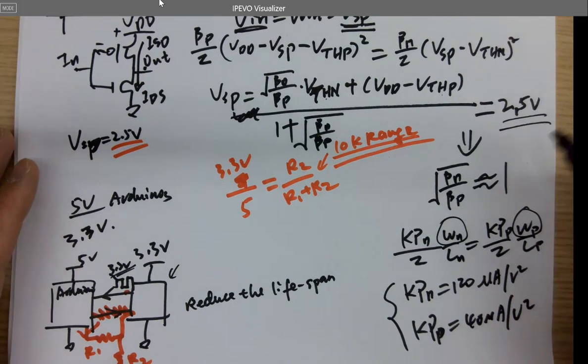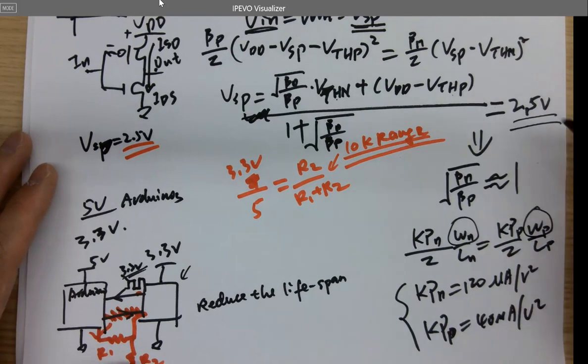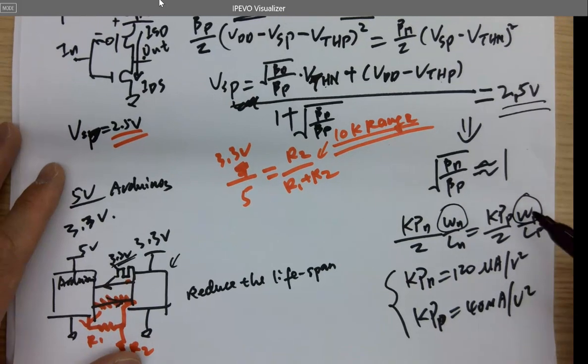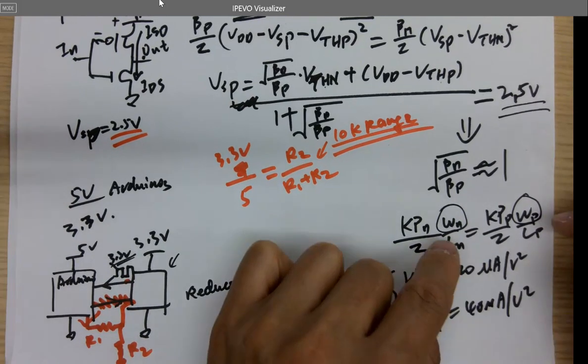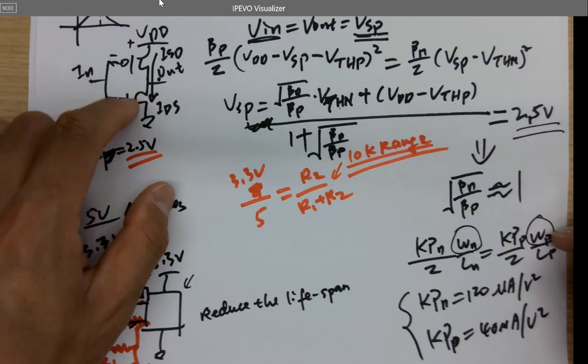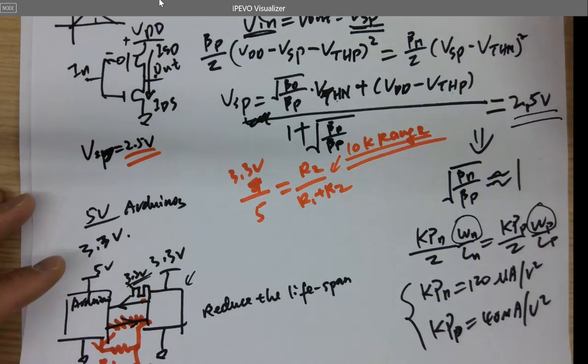We're going to go through more details on Wednesday for this one, and we'll continue from here on Wednesday. But you can see that you can design the transistor size in order to make it switch at 2.5 volts. I'm going to run a simulation on Wednesday for you guys, okay?